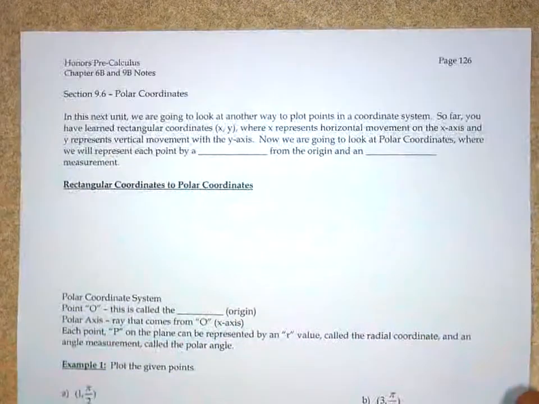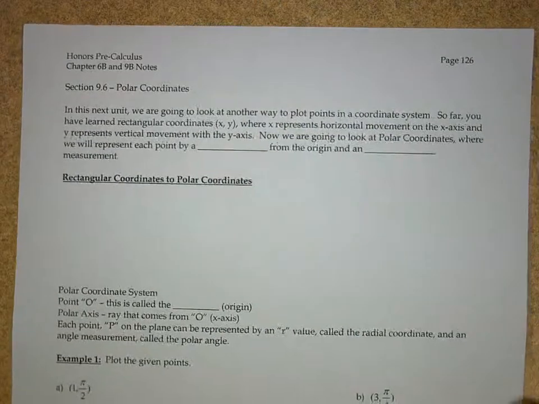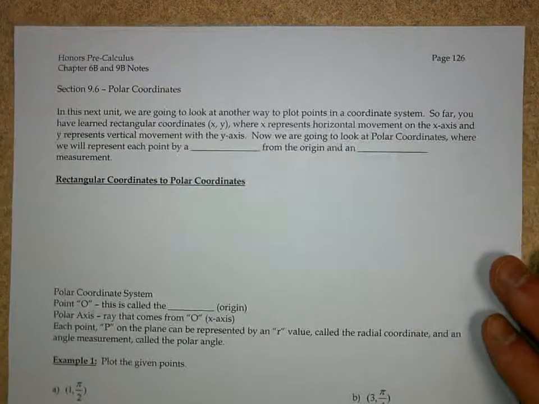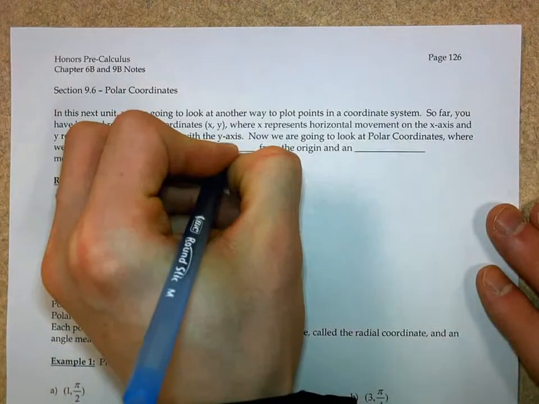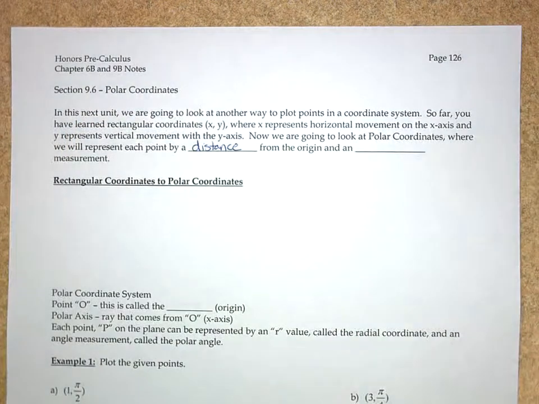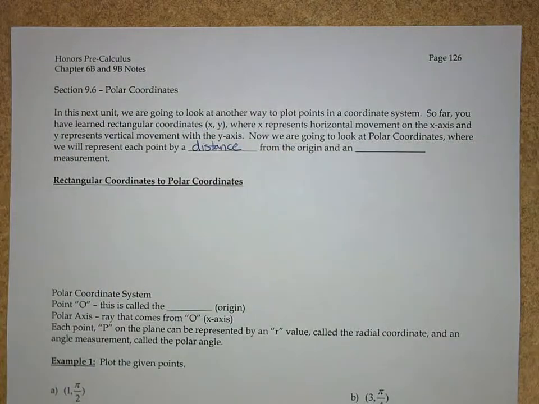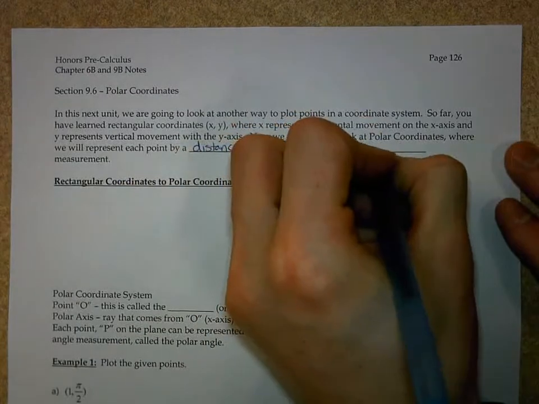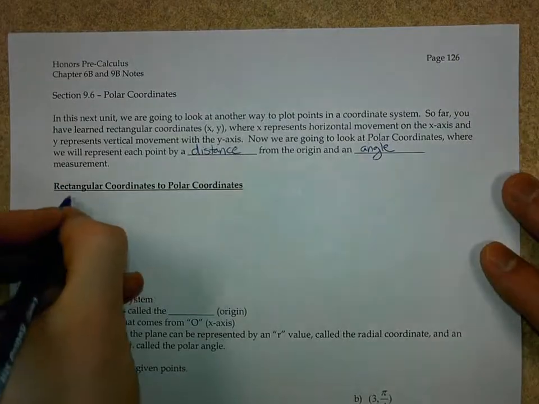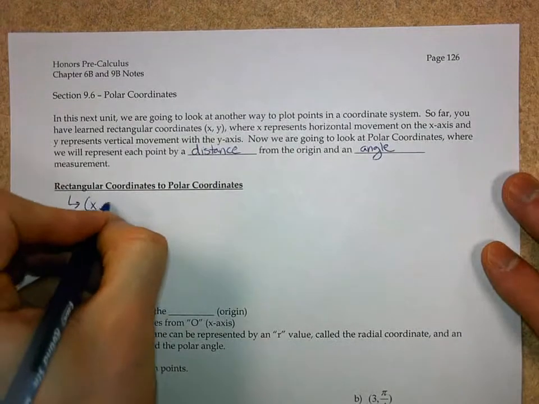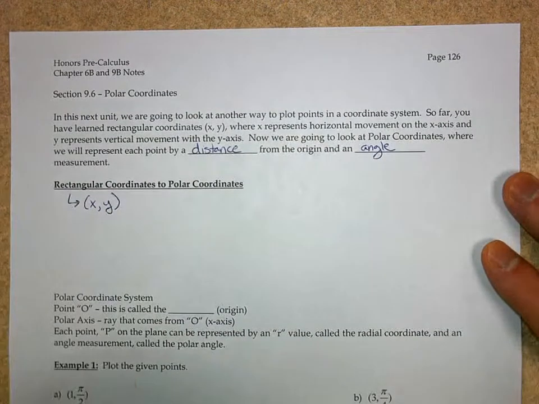So jumping in with polar coordinates, we'll represent each point by a distance from the origin, which if you want to think about it in terms of vectors, would be the magnitude, and an angle. So to summarize, rectangular coordinates were XY coordinates.